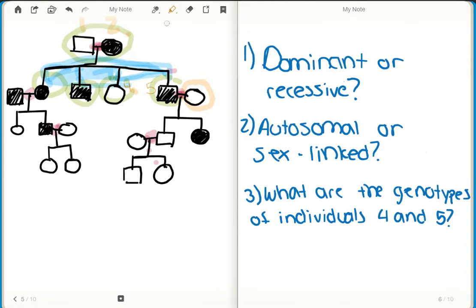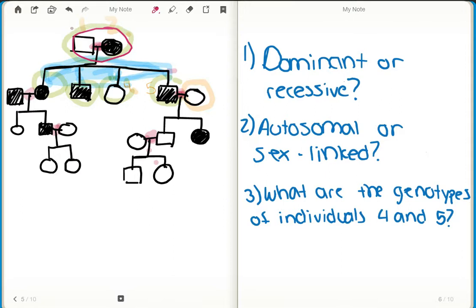Okay, so now we can figure out if this is a dominant trait or a recessive trait. By looking at this, we can tell that if these two individuals had a child and the trait was recessive, some of their children would have it. He obviously does not have the trait, because otherwise he would be colored in.